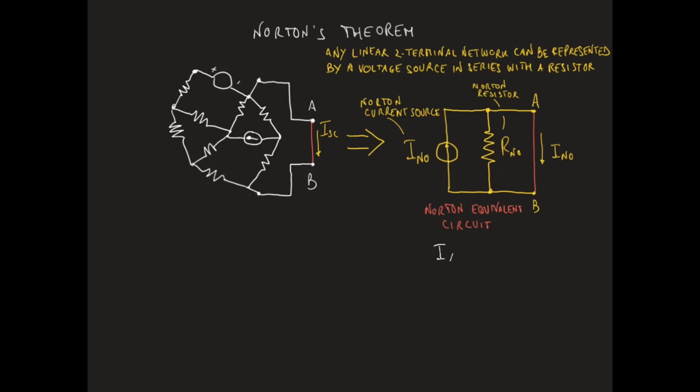flowing between nodes A and B, let's call it I_AB, is given by the input current, I_NO in this case, times the resistance R_NO, divided by the sum of the resistances. So R_NO plus 0, which makes exactly I_NO.